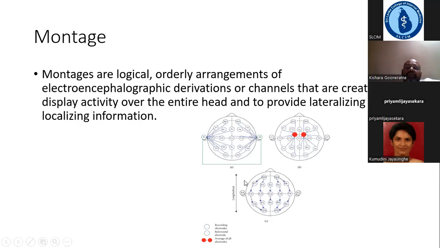Whereas the montage below is like a chain, where FP1 is measured against F3, F3 against C3, and so on. So it's the potential difference between adjoining electrodes that is seen on the EEG. This is an example of a longitudinal montage, and an example of a reference montage is what I have already alluded to.